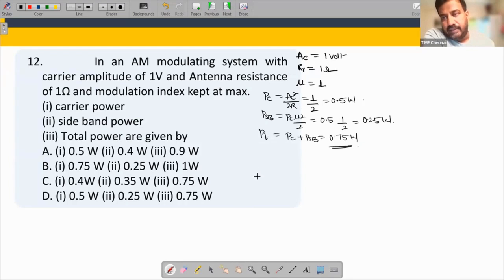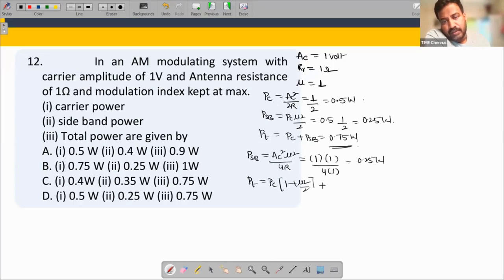Another way where you must get the same answer is sideband power is Ac square mu square by 4R, should also give you the same answer. Total power is Pc into 1 plus mu square by 2.